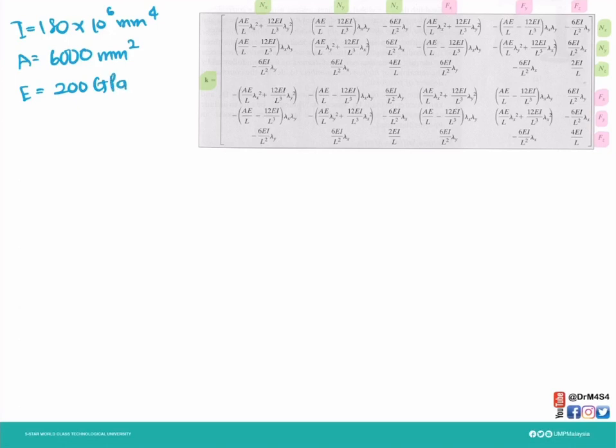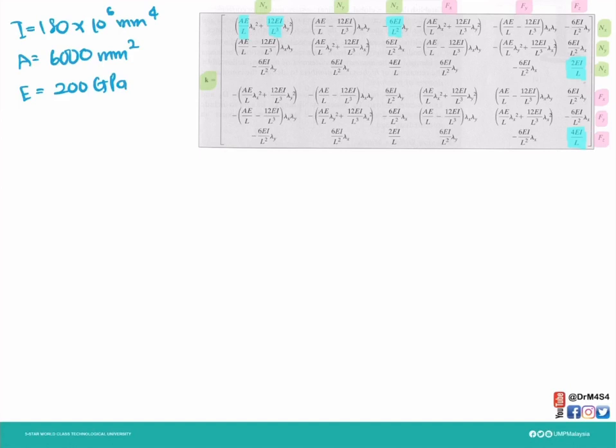Be careful on converting your value between meter, kilometer or mm. For both members going to have same parameters, AE over L, 12EI over L^3, 6EI over L^2, 4EI divided L, and then 2EI over L.